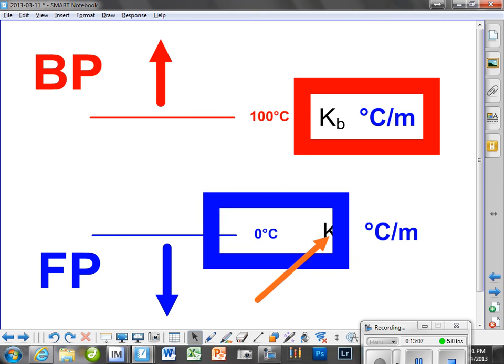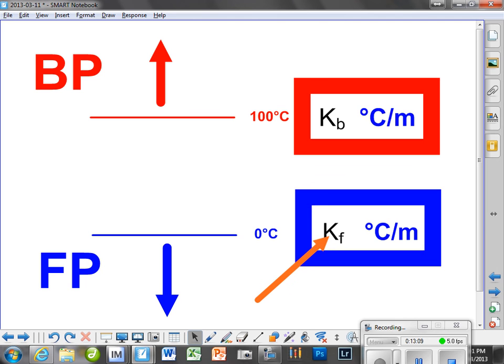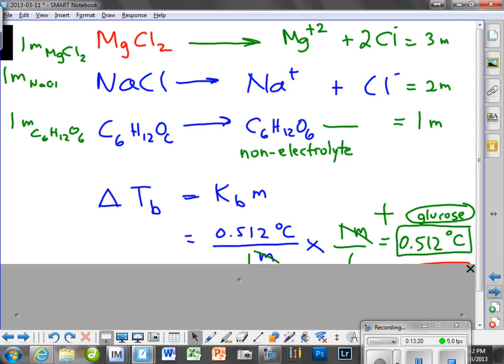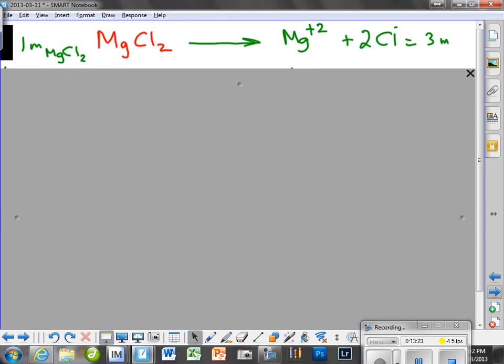For the freezing point, we're always going down. For the boiling point, we're always going up. Now, let's go to our next slide where we're actually going to do some calculations.